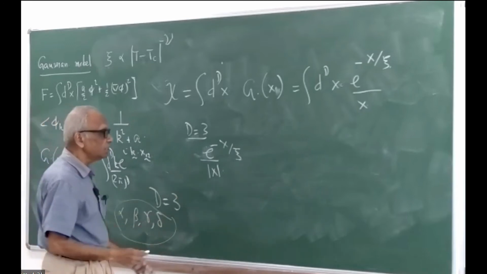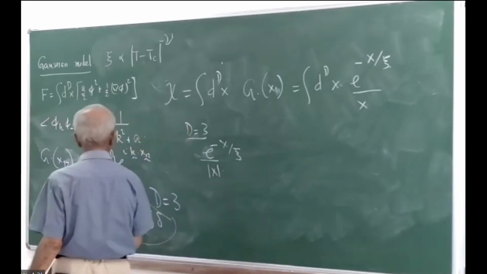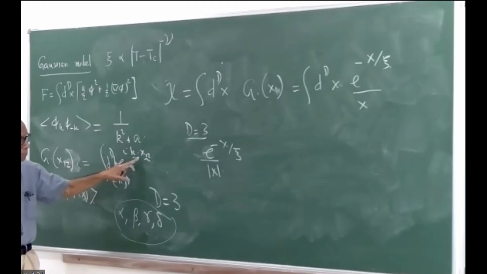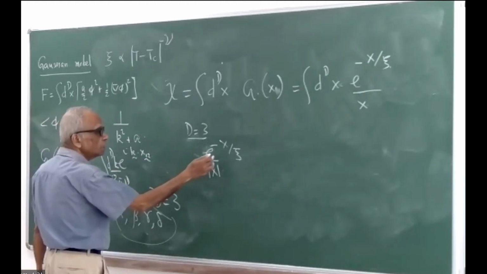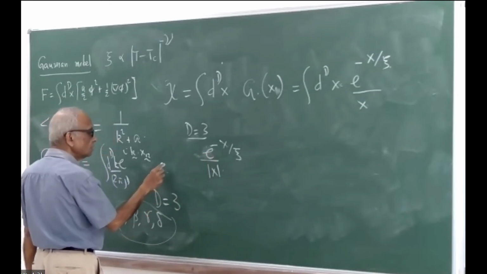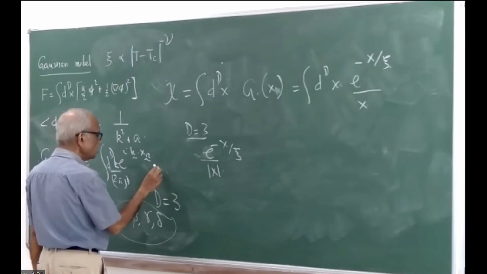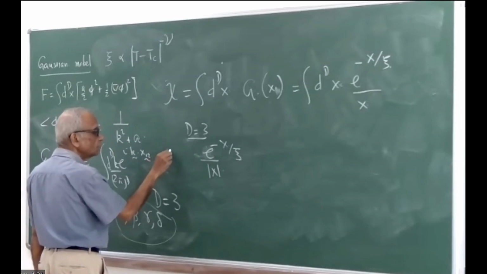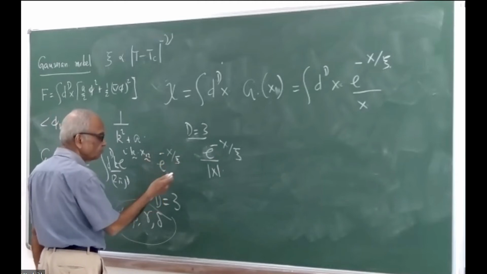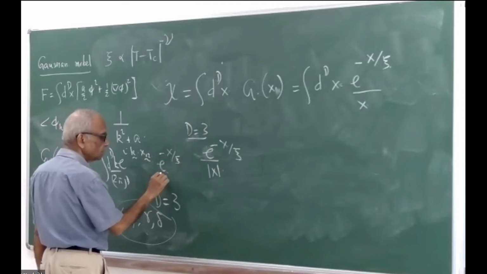For any other d, here is the thing given over here. G of x12 is the integral ddk e to the power ik dot x, and we had to multiply by something which looks like e to the power minus x over xi, and roughly it will always be something like that.